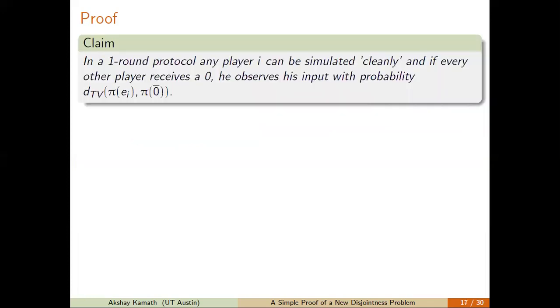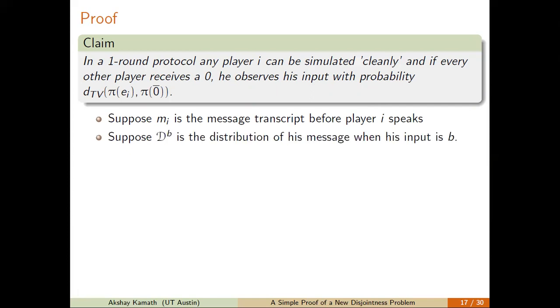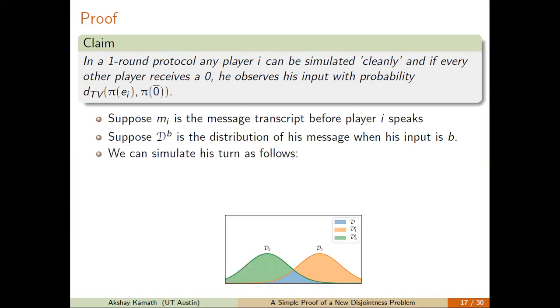So how do we prove this? Let us suppose that MI is the transcript of the messages sent before player I speaks in this one-round protocol. Further, suppose that D0 is the distribution of the messages of player I when his input is 0, and D1 is the distribution of his messages when his input is 1.